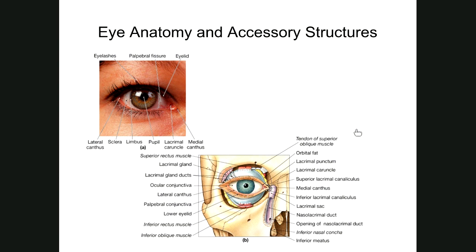So these puncta drain tears into an upper superior lacrimal canal. If you look at this right here where I'm pointing, superior lacrimal canal, or canaliculus there, this canal is going to be a little tube that is connected to that punctum from the superior punctum, and one coming off the inferior punctum right there. So those are the superior and inferior lacrimal canals.